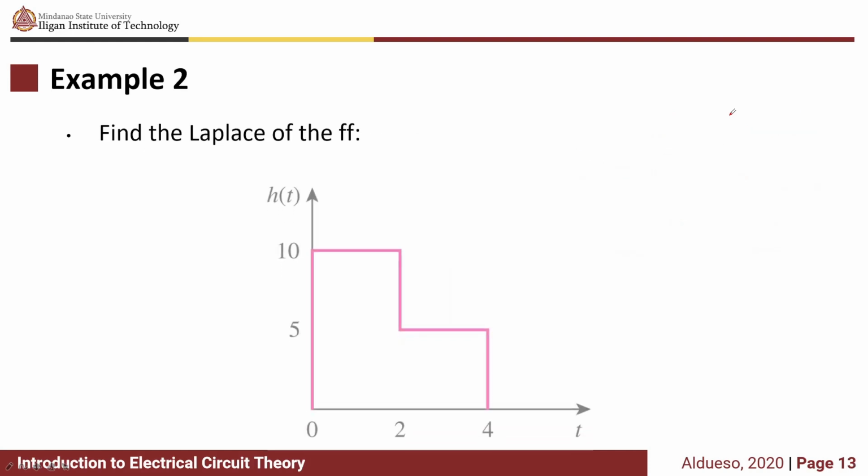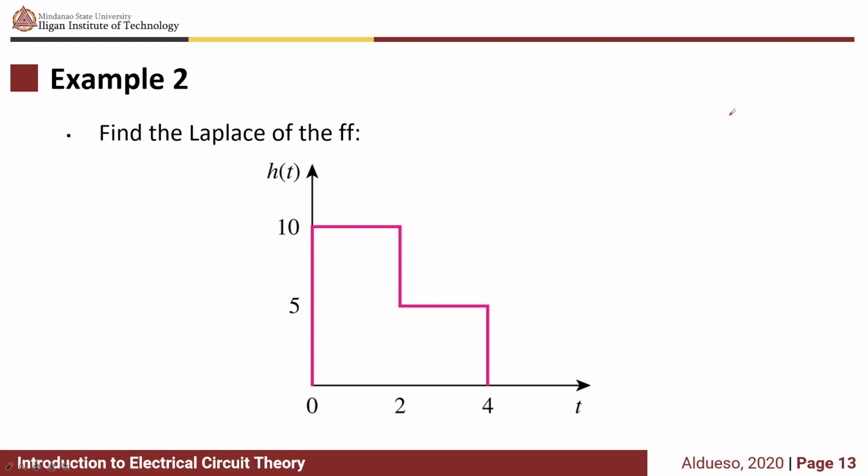So next, find the Laplace transform of the following function. First, similar with the previous example, we need to get the expression h of t. H of t, the function has a value of 10 from t equals 0 to t equals 2.